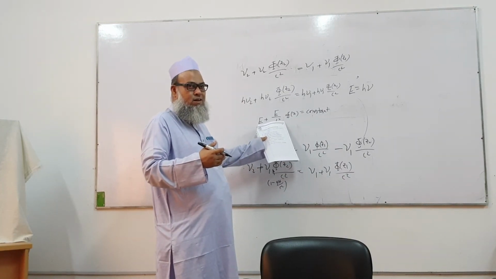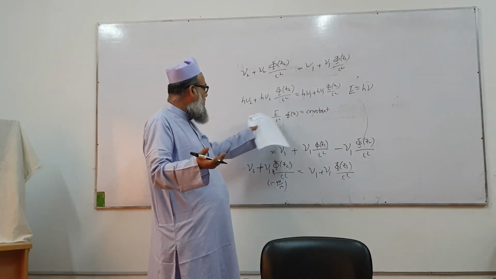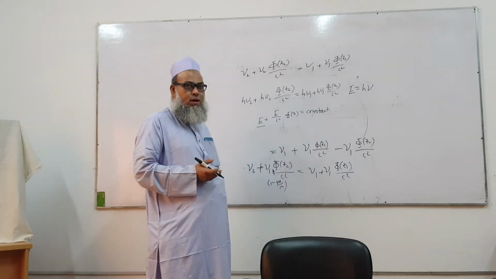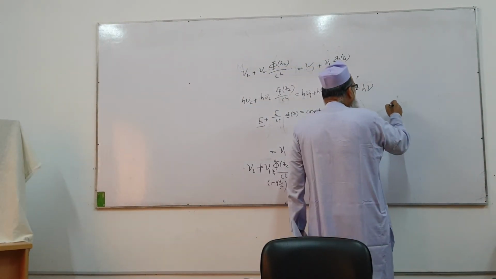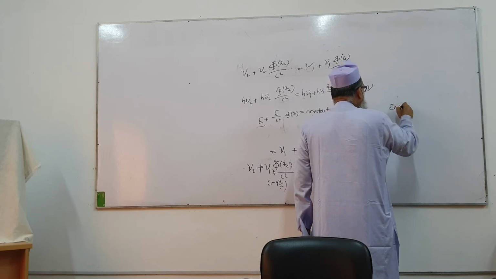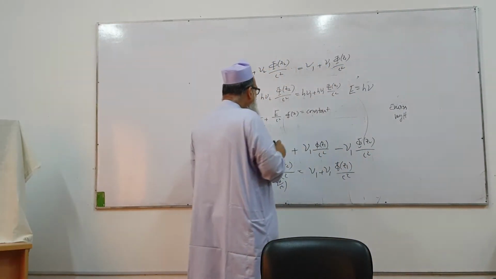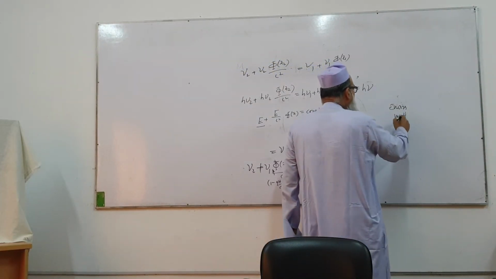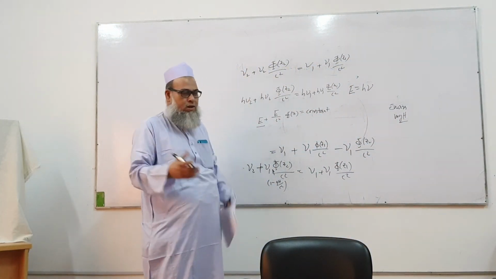What is it? Mass. Because this is energy, this term also belongs to energy. Now we know energy, mgh. Okay, sir? What is gh? This can be replaced by phi, the potential.